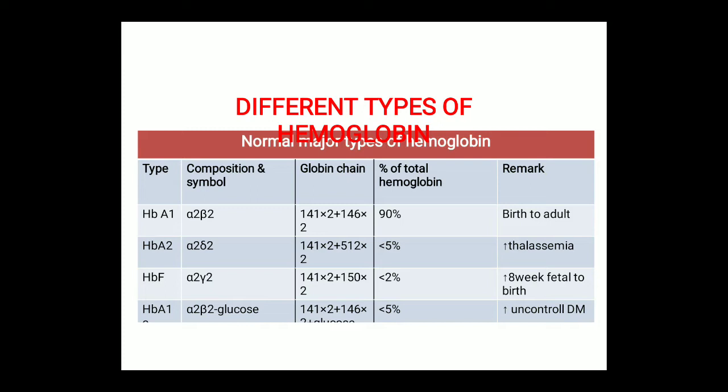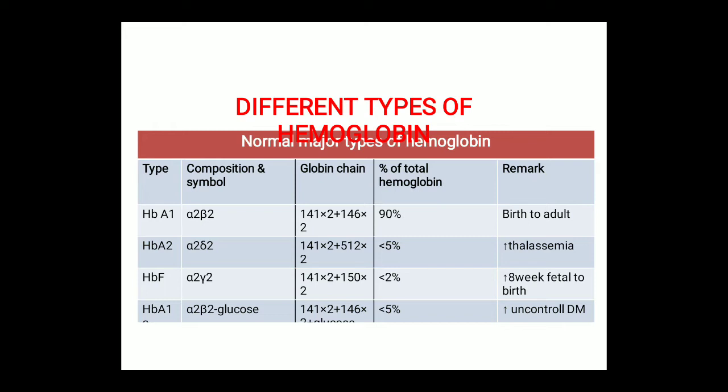Its composition is 2 alpha and 2 beta chains. Globin in this chain: 141 amino acids into 2 plus 146 beta chain amino acids into 2. Total hemoglobin percentage 90%. It is present from birth to adult.